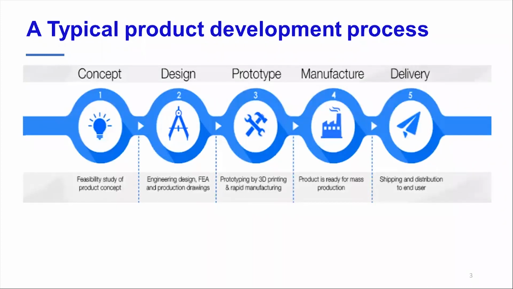So to start with, let's assume one product in mind, so that we can map everything we discuss with that product. You might have seen the fuel tank in the trucks, which is typically mounted below the chassis, which you can see from outside.